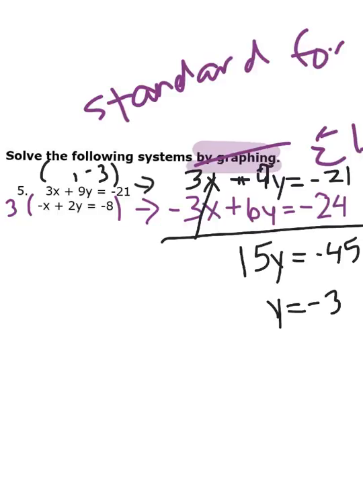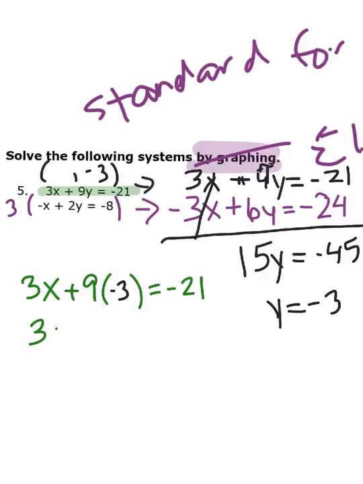We're going to go back and find the x value. So it doesn't matter which equation you pick. I'm going to go ahead and use this first one. So I'm going to rewrite it. 3, I'm looking for x, plus 9 times my y value, which we solved to be a negative 3, equals negative 21.